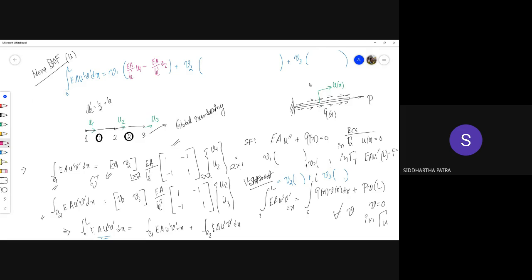And for v3, I guess, now, Sir, shouldn't it be u2 minus u3 with v3? See, v3 would multiply with the second row, right?